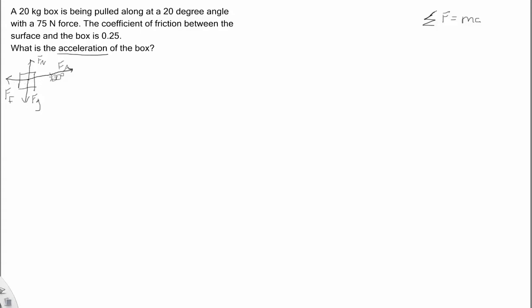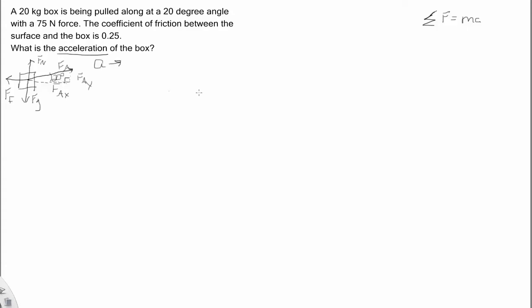I do have my force of friction, but I also have the component of the horizontal applied force. There's my right angle, and here's also my FAY. Now my sum of the forces: I look at the forces acting horizontally, since that's going to be the direction of the acceleration.